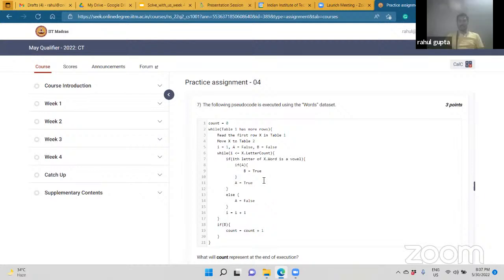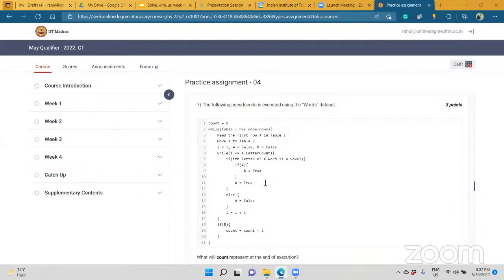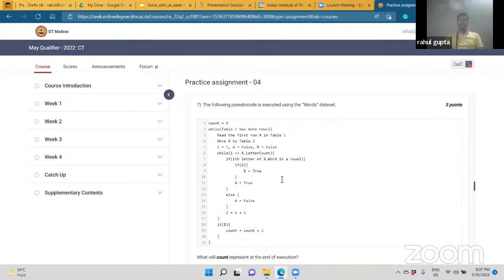Good point. You have got it. This is a correct thing. Once b is true, it means you have got a second vowel, right? Yes, b shouldn't be true always. If you get the first vowel, a will be true.